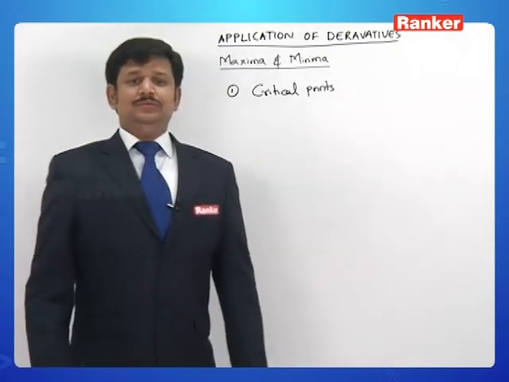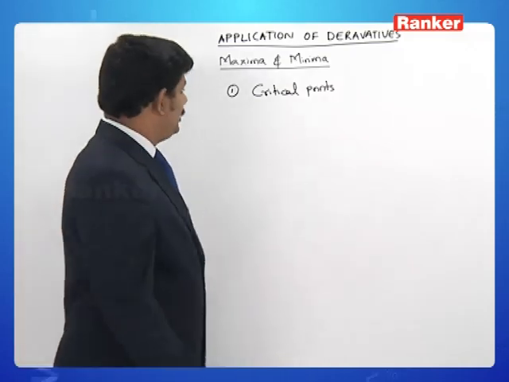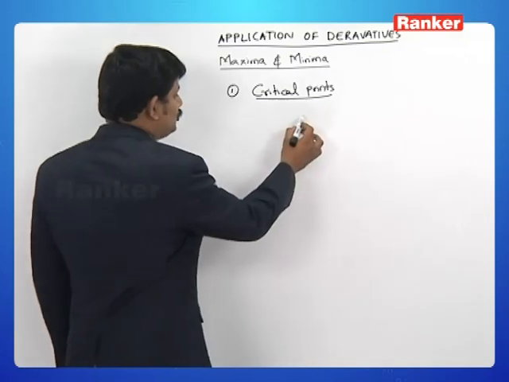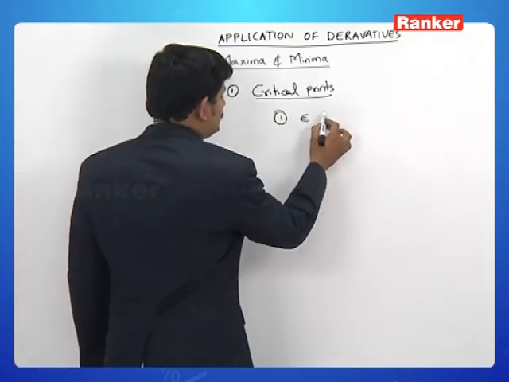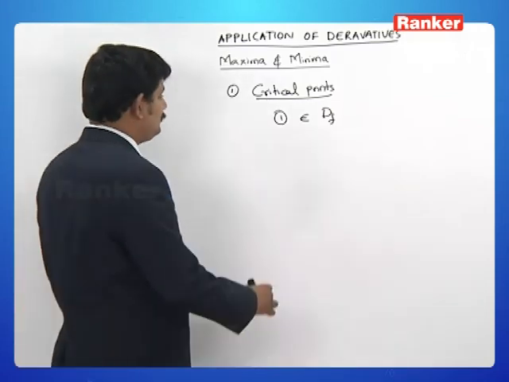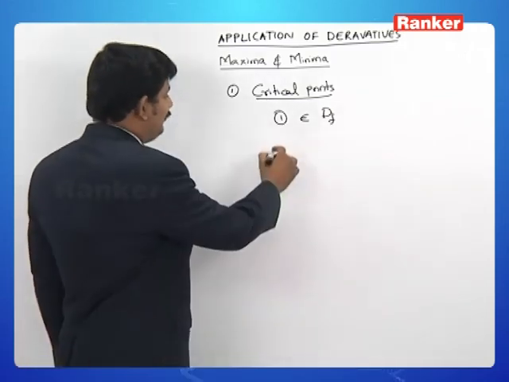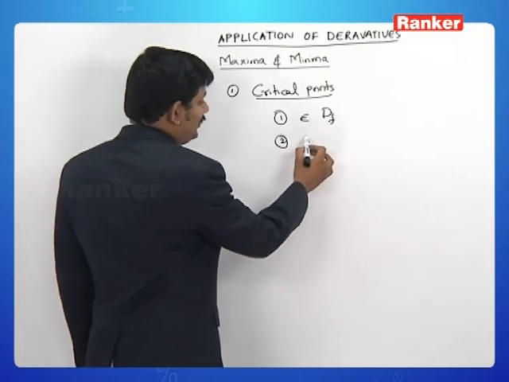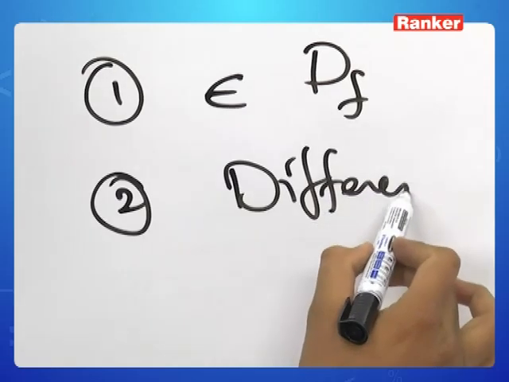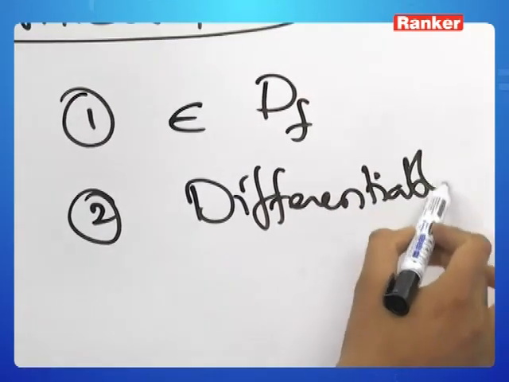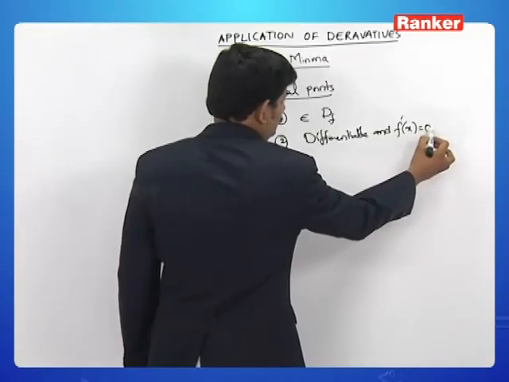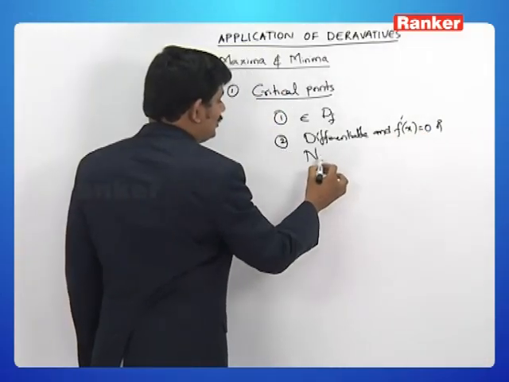Let us look at the definition of critical point. Critical points are the points which belong to the domain of the function. First and foremost, these points belong to the domain of the function, at which the function is either differentiable but the derivative is equal to 0, or the function is non-differentiable.